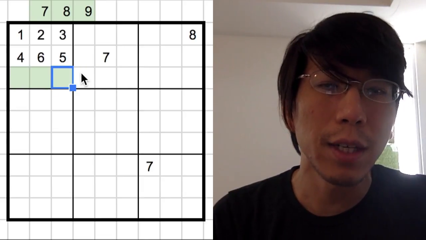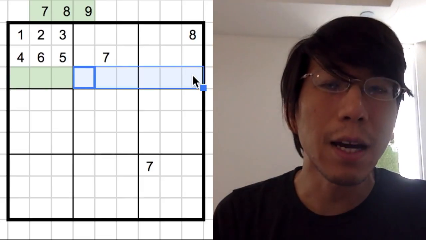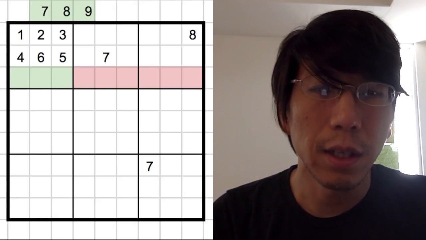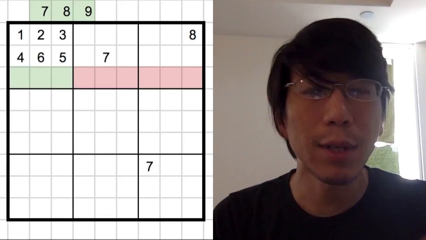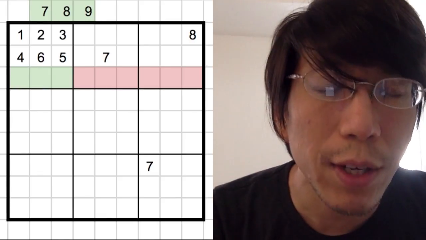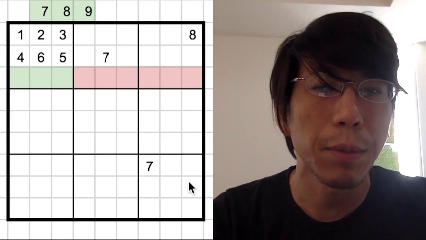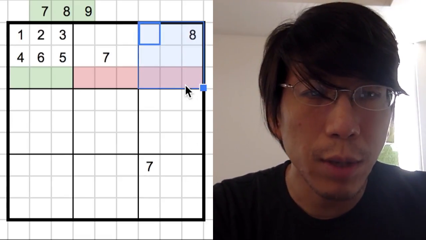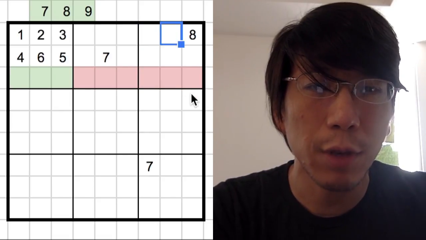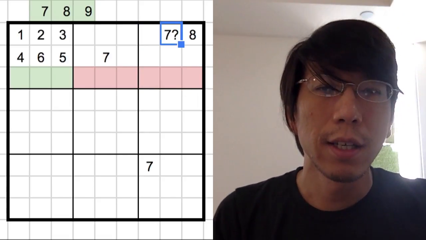So therefore, you can determine that out of all those boxes right here, you will never have 7, 8, or 9. And in this case, I put in a situation where you can actually discover one number. Let's look at this box right here. 7 is blocked by here, 7 is blocked by here, therefore you're going to have 7 right here.